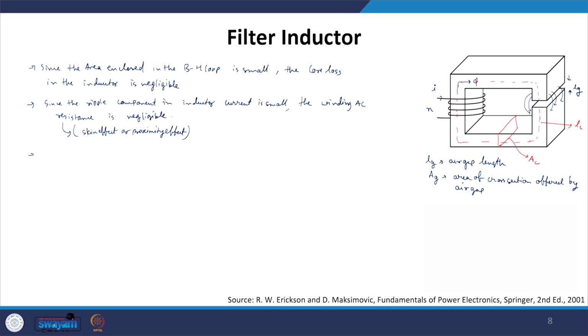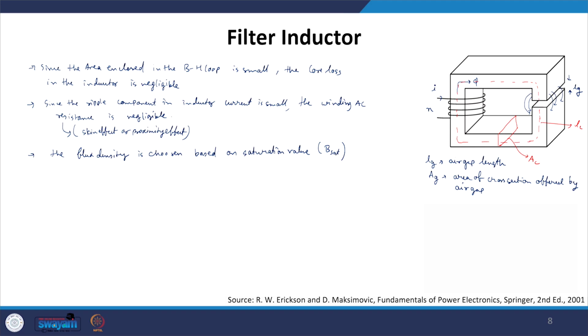So, we can then say that the flux density will now need to be chosen based upon the saturation value of the magnetic flux density which the core material can have. That means for the selected core material there will be a corresponding B sat value.